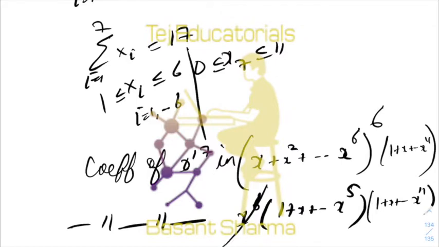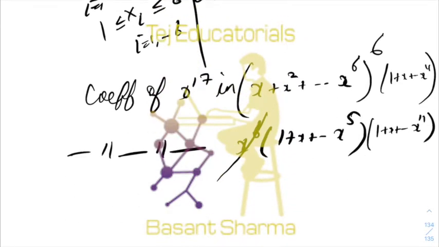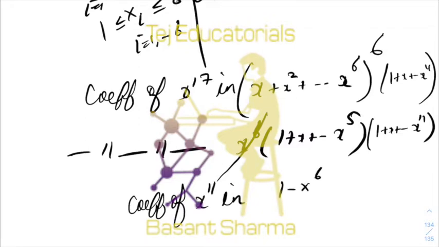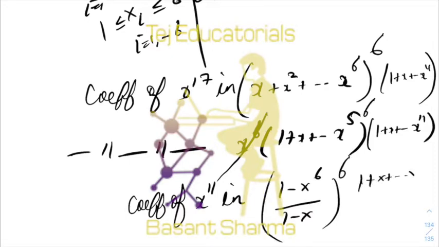The x to the power 6 gets taken out, and so you want the coefficient of x to the power 11 in ((1 minus x to the power 6) upon (1 minus x)) to the power 6, into (1 plus x so on till x to the power 11). Now again there is no logic here, it is just computation.